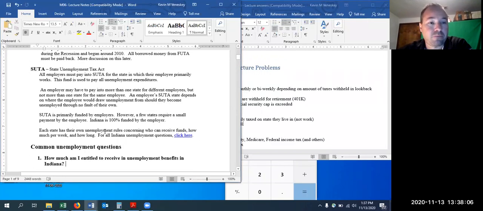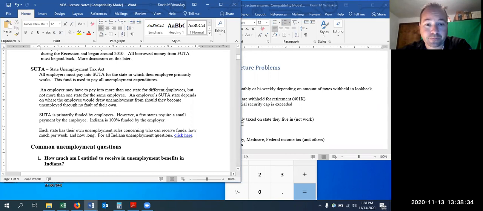Let's keep going down here. An employer, notice here, may have to pay into more than one state for different employees. So if you have 6 employees and 3 of them work in Florida and 3 work in Georgia, primarily, that's where their main clients are, then you're going to pay SUTA taxes into both states because, as we'll see in a little bit, SUTA taxes are based on where you're primarily working.